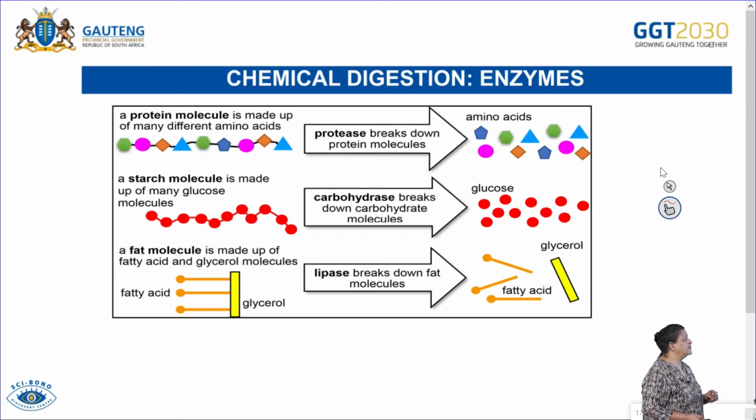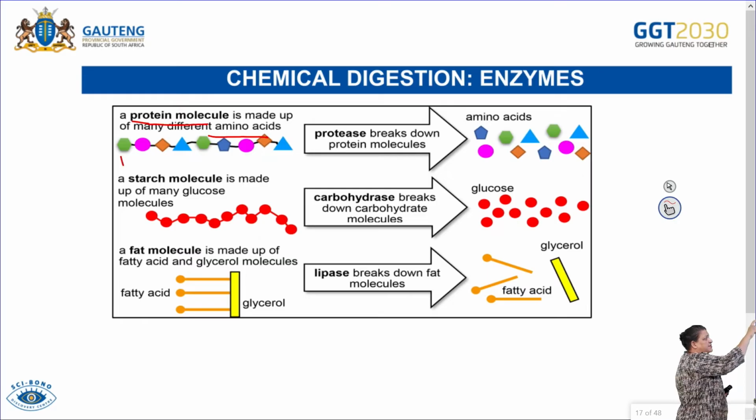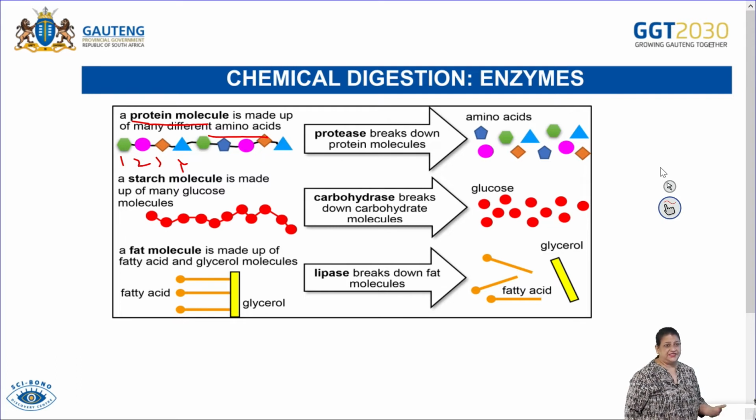Let us look at some of the things involved in your chemical digestion. Now here we have, for example, a protein made up of many amino acids. You see, you can get different proteins. So these are all different amino acids. Amino acid 1, 2, 3. Look at the different shapes, different colors, meaning every one is an amino acid, and they are all joined by peptide bonds, which you have learned in grade 10.